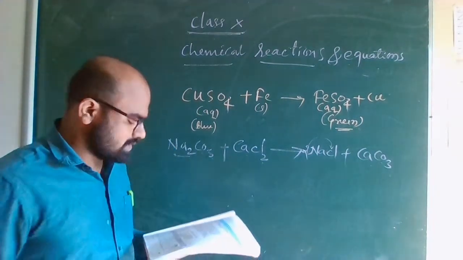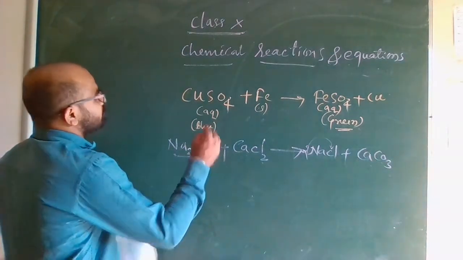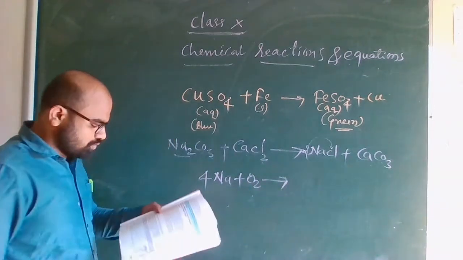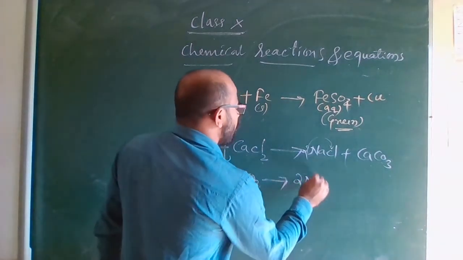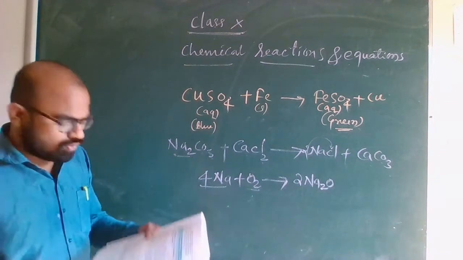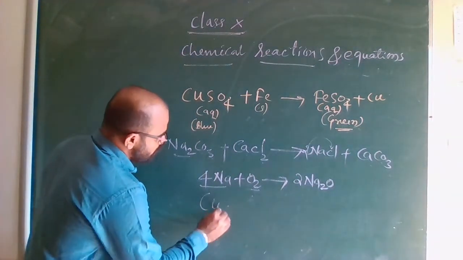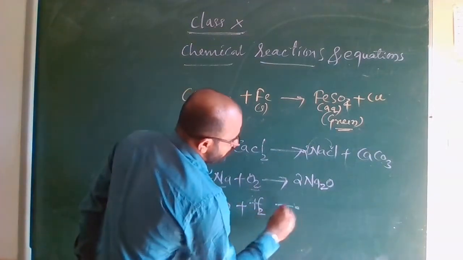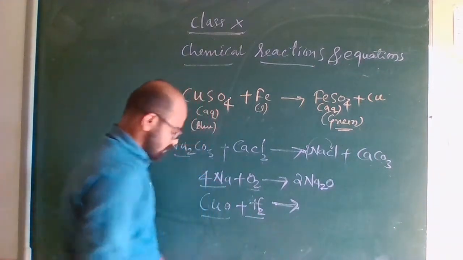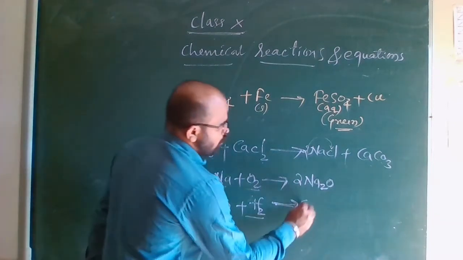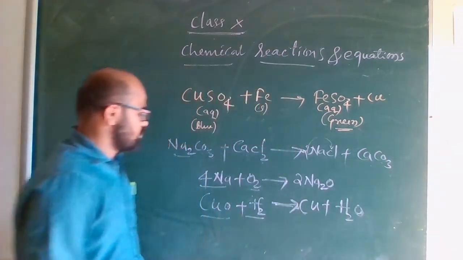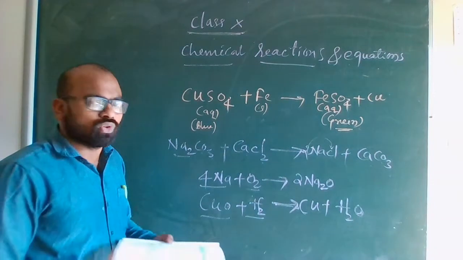See here, 4Na plus O2 will give 2Na2O. CuO plus H2 will give Cu plus H2O.